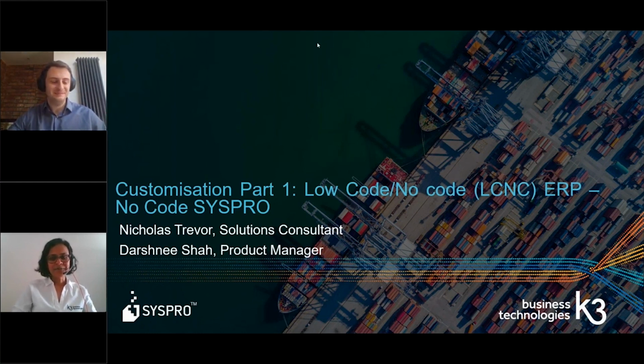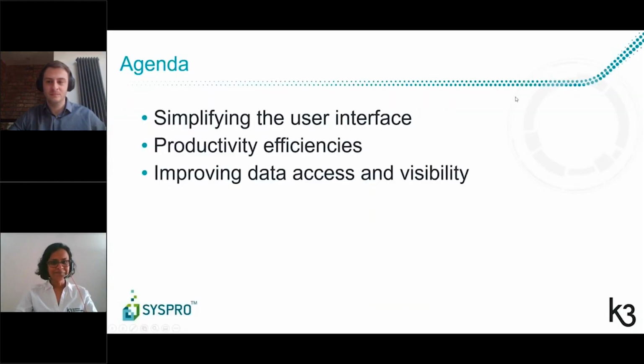All right, wonderful, Nick. So without further ado, what are we going to cover today? If we can move on to the agenda. We've got three things that we want to try and cover. The first thing is in and around the simplification of the user interface. I suspect a number of you over the years have spent quite a bit of time tidying up what SYSPRO looks like specifically for your business needs, especially if you've come on the system administration course.